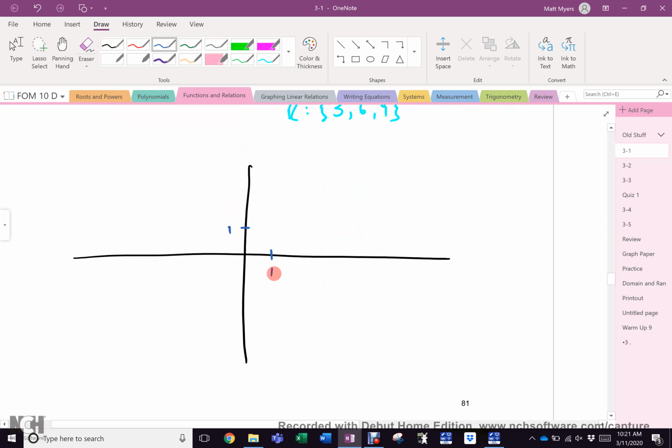Everybody cool? 2, 3. Draw a curve that goes anywhere from the left up, hits the 3, and then goes down. Oops.